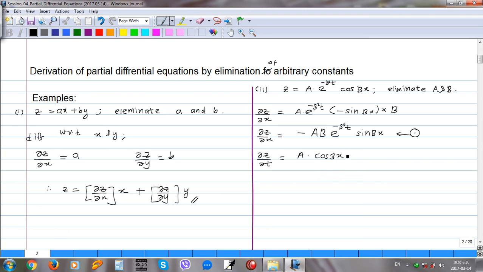Now I differentiate only the exponential part, which gives the same answer, and the power differentiates to minus b squared. So ∂z/∂t equals minus a b squared times e to the power minus b squared t cos bx. That is the second equation.